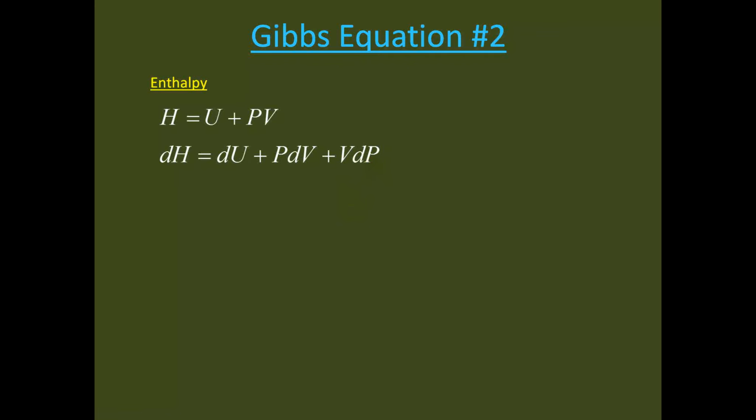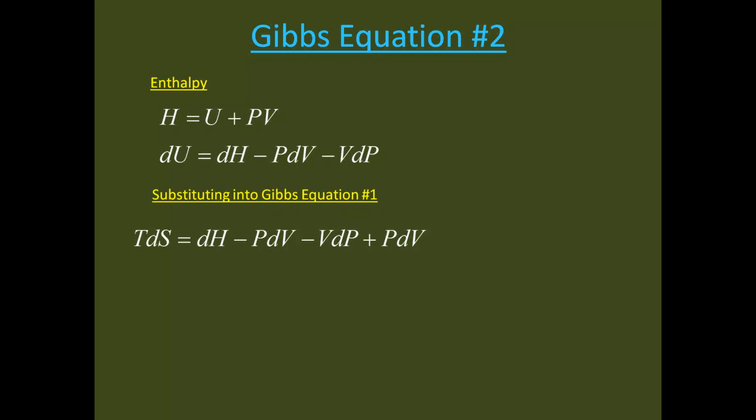We then arrange this in terms of differential internal energy and substitute it into Gibbs equation 1. Now you can see we've got a negative pressure times differential volume and a positive one. Those will cancel out.